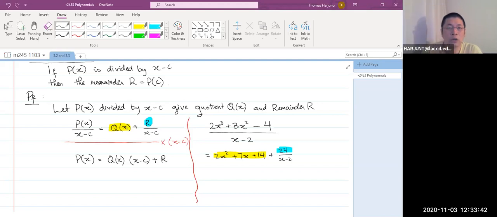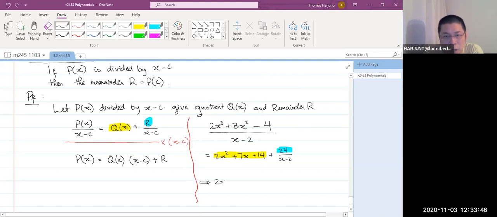To illustrate, it means 2x cubed plus 3x squared minus 4, the numerator, is equal to x minus 2 times 2x squared plus 7x plus 14, plus 24. Don't forget the quotient q(x) and the remainder 24.